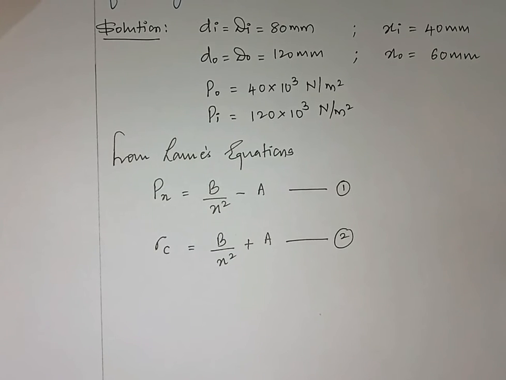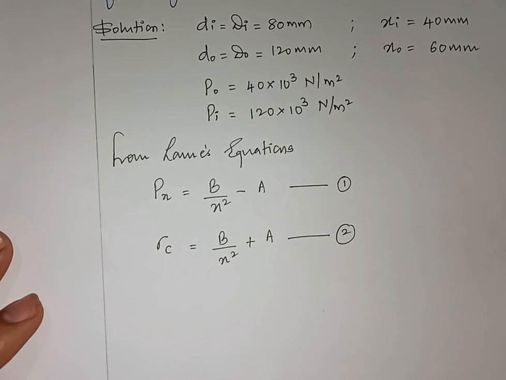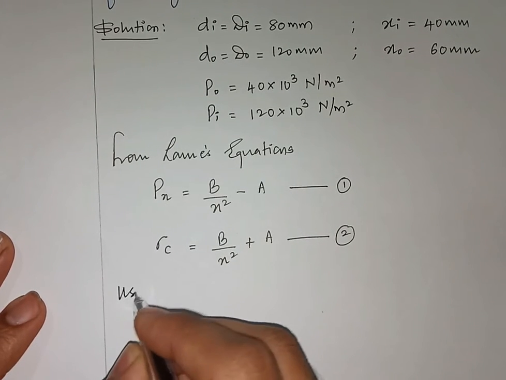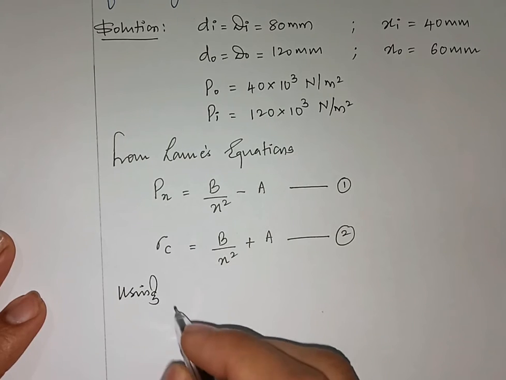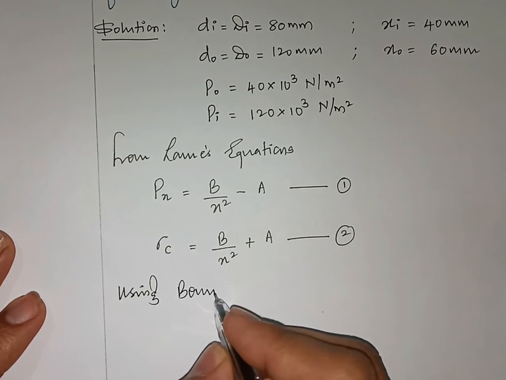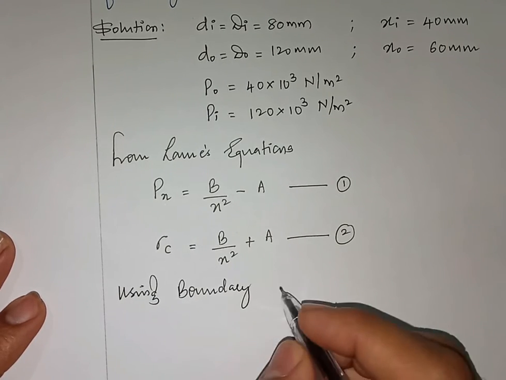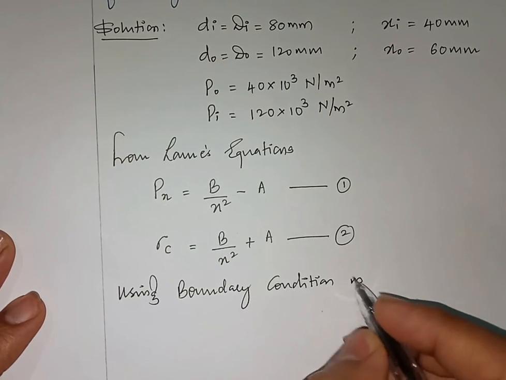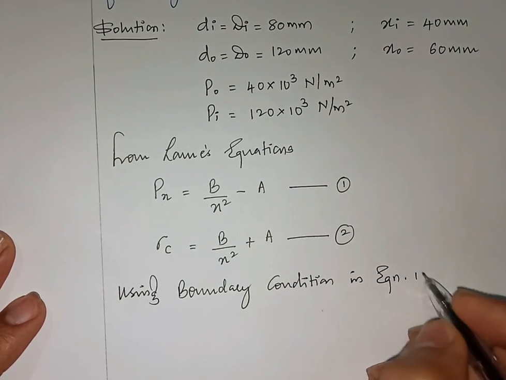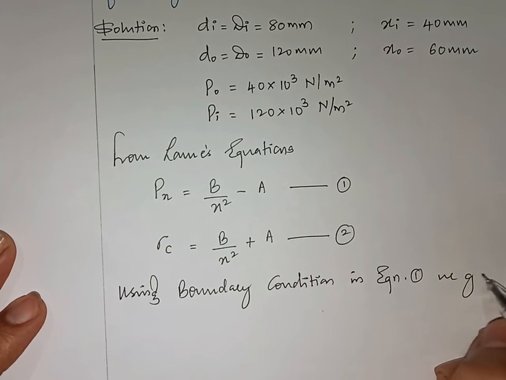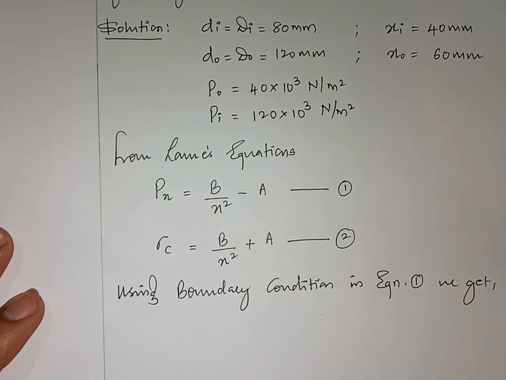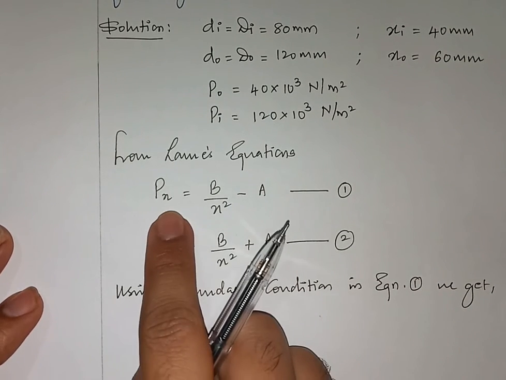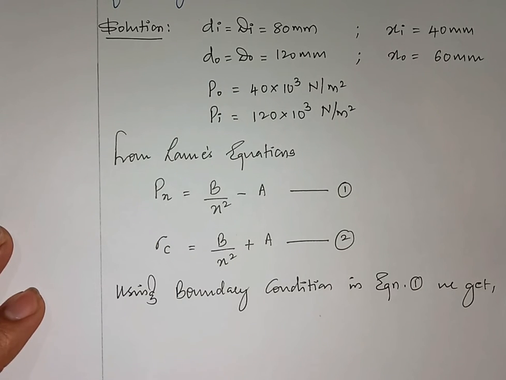So now I'll be using the boundary conditions for equation 1. So using boundary conditions in equation 1, we get, so what is my equation 1? Equation 1 is this. What boundary condition I'll be using?